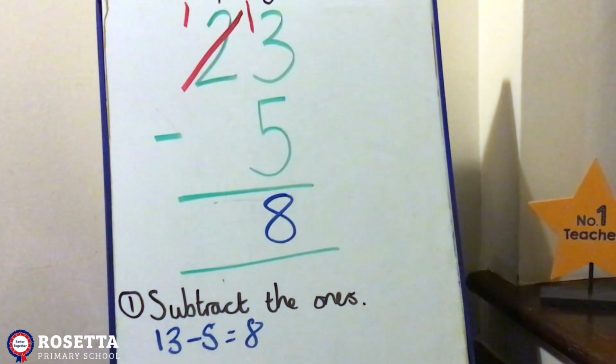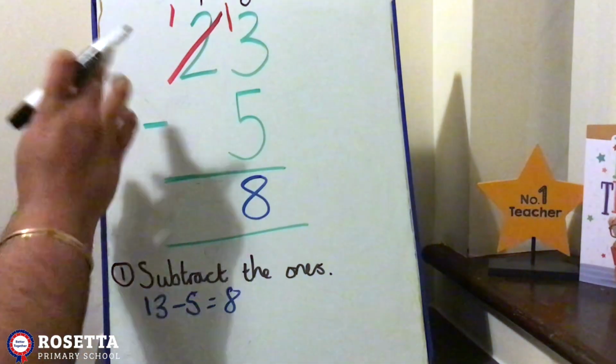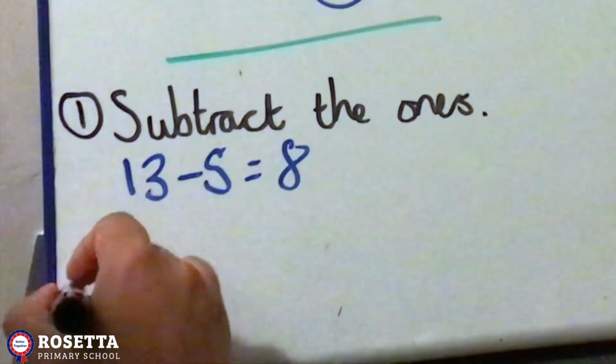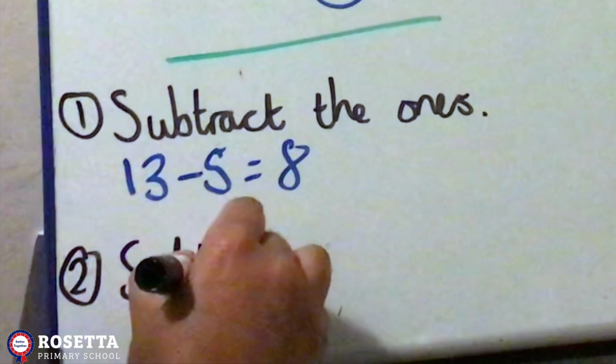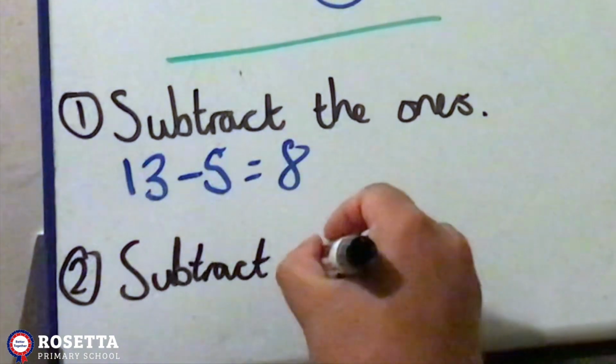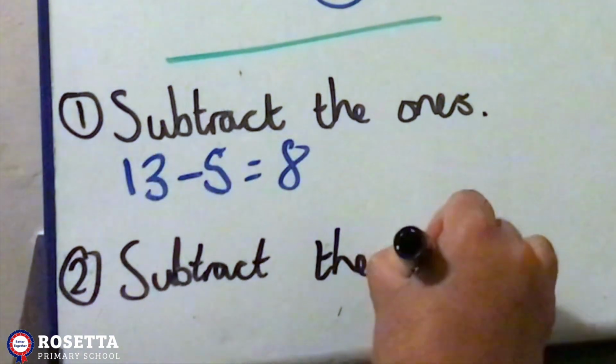Now what's the next step? So really and truly, there is a second step which is to rename. So what is the next step after that? That's right, it is to subtract the 10s. So I'm going to write that here, subtract the 10s.